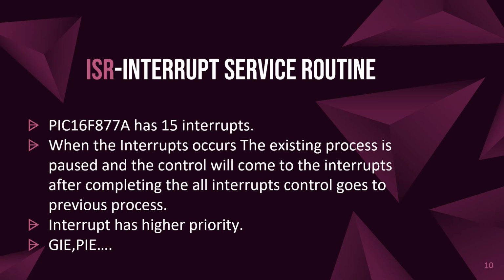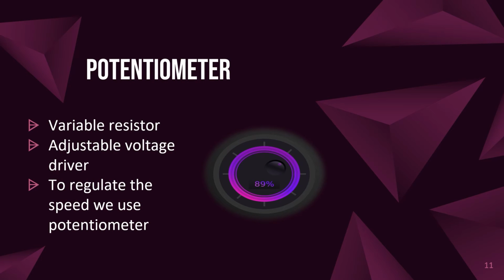The interrupt will complete first. After the interrupt completes, control will come back to the while loop and the process will run. So this is an interrupt. Interrupt has a higher priority. The PIC16F877A has 15 interrupts. So it is very important in this car black box and airbag system.